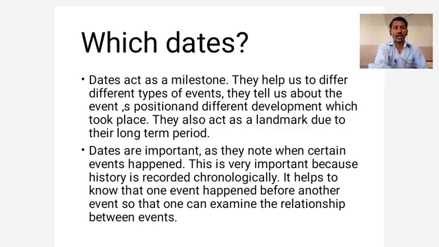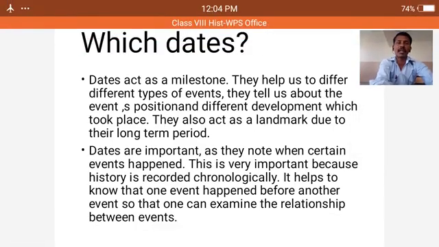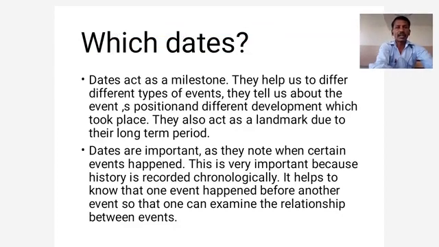So that is chronology. It helps us to know that one event happened before another event, so that one can examine, compare, and differentiate the relationship between two different events.